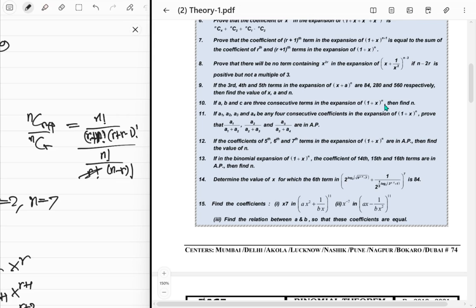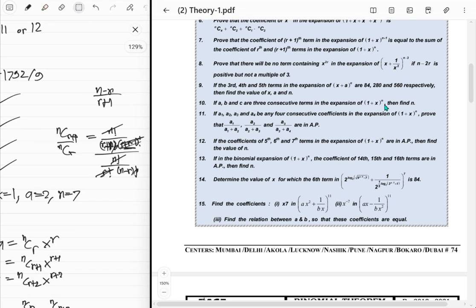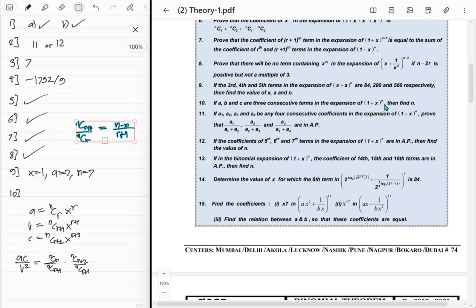So n factorial cancels, and you just get r plus 1 there. This is 1 less than that, so this cancels, and you get n minus r. Bad handwriting, I know, but deal with it. It's n minus r upon r plus 1. I'll use this a lot, I guess.